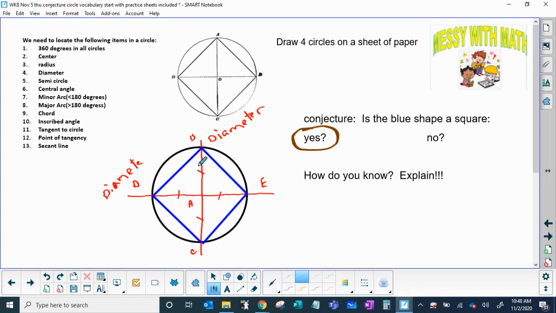If these two are equal to each other, can't we conclude that the 4 sides are equal to each other? We already know this is 90 degrees. If that makes 90 degrees, and this is equal to this, isn't it possible to say that that is equal to that, and it might be 45 degrees?